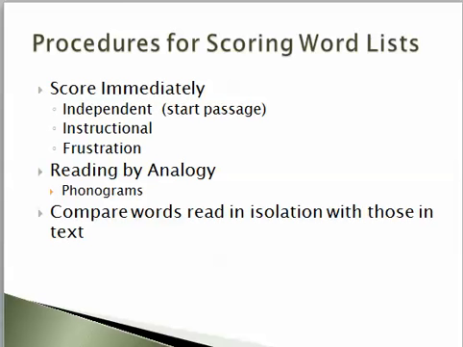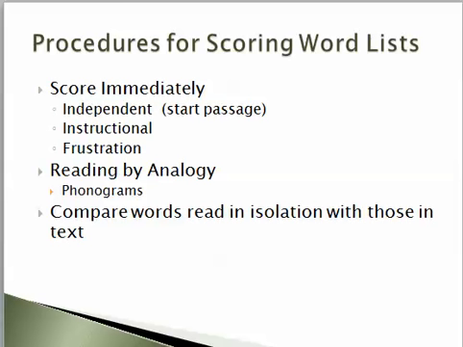When I'm scoring my word list, at the bottom of each word list, there's a box, and the box says independent, instructional, and frustration. Pre-primer 1 only has 17 words. All of the other lists have 20 words. The independent for the pre-primer 1 is 15 to 17 words correct.